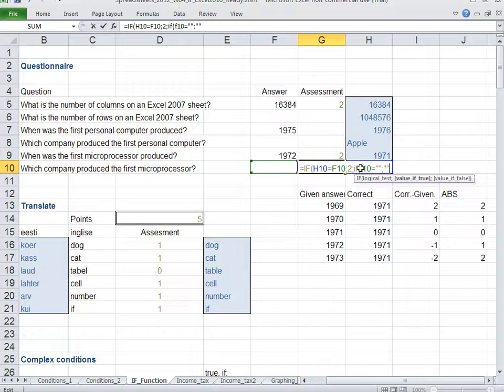And now, the most important thing. Remember, we had 3 options. The first option was checked in the first if, and 2 points assessed accordingly. The second option was checked in the second if, and quotation marks was the empty assessment. And now, if we are in the end of our second if, we already know that it wasn't the correct answer.